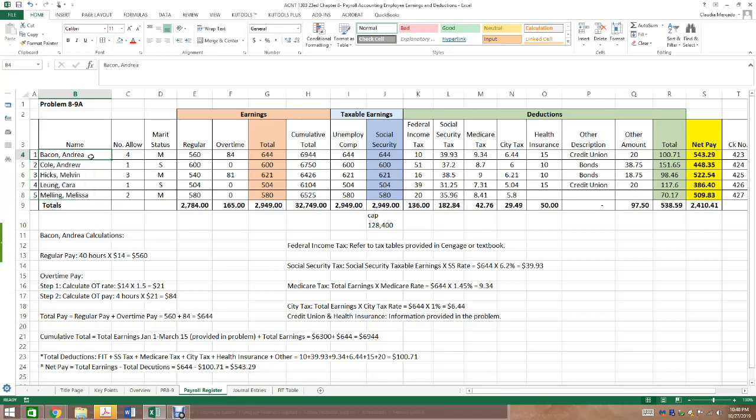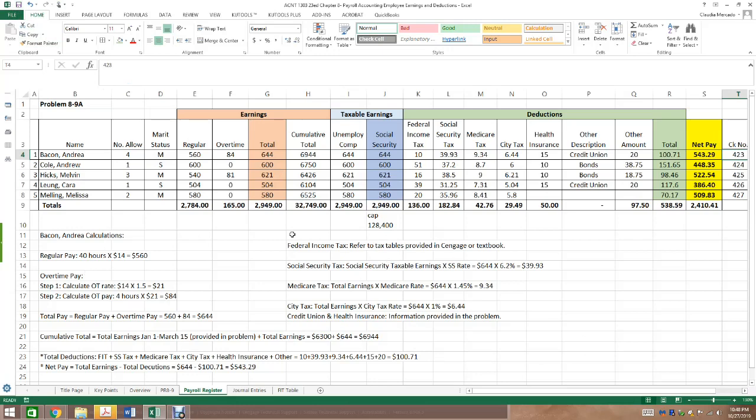So Andrea Bacon earned $644. She's going to get deducted $100.71 for the different taxes and deductions. She's going to take home $543.29, and she's going to get paid with check number 423. Make sure that you practice the rest of the employees on your own time, because I'm not going to go over them.